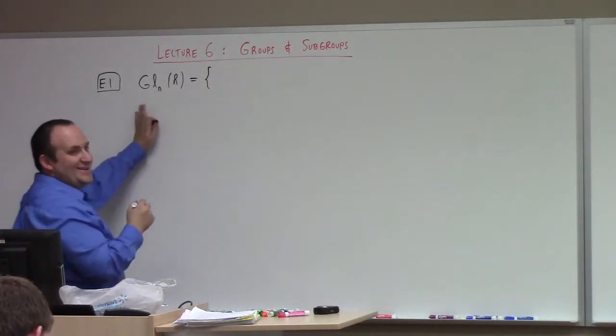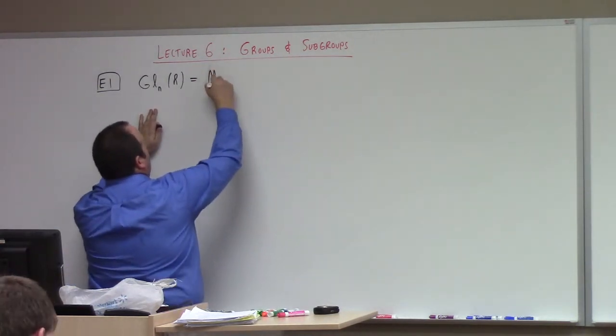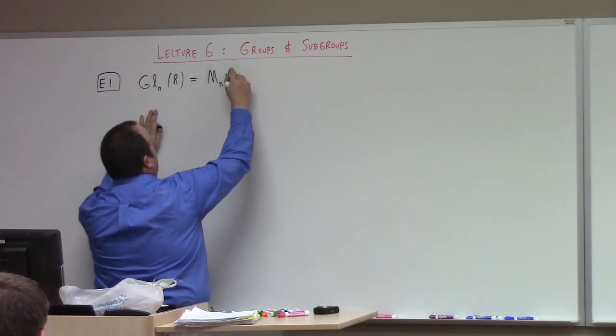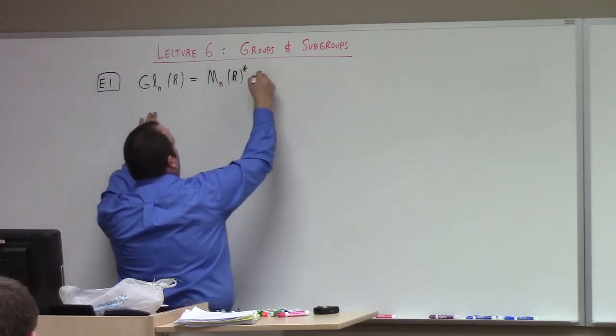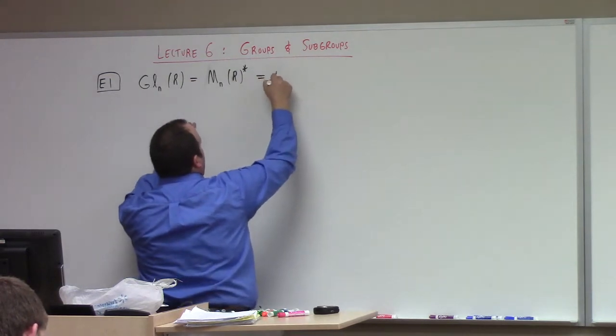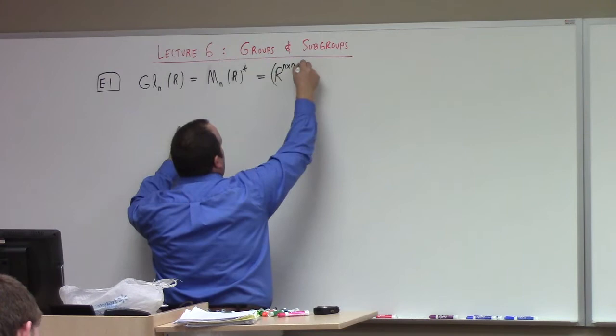So GL_n(R), what this is, well, this is actually M_n(R)*, or in my usual notation, R^(n by n) star.